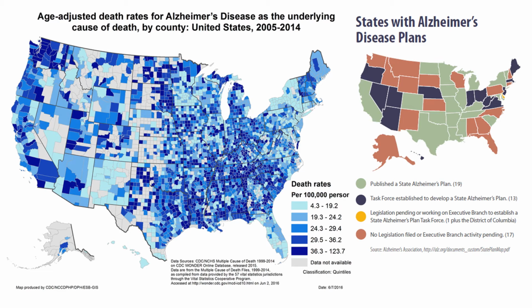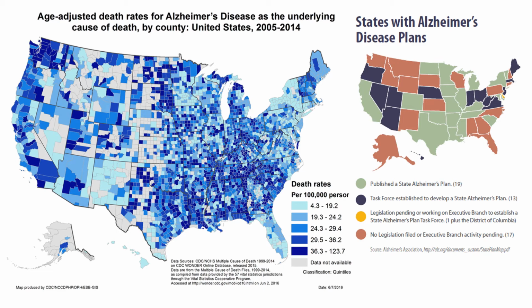As we can see from this map, the death rates for Alzheimer's disease are somewhat higher in the southeastern part of the country and the northwestern part of the country and in certain northern states.